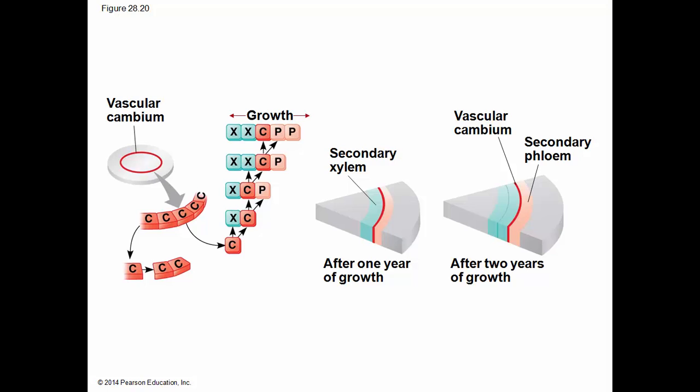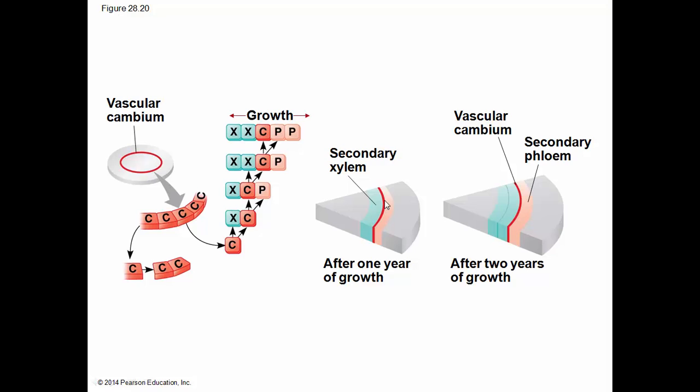So this is occurring inside the vascular cambium. Here's the cambium in the center, and it can divide to form a phloem cell here or a xylem cell on the inside, and so it keeps producing. The vascular cambium is an initial, like a stem cell.